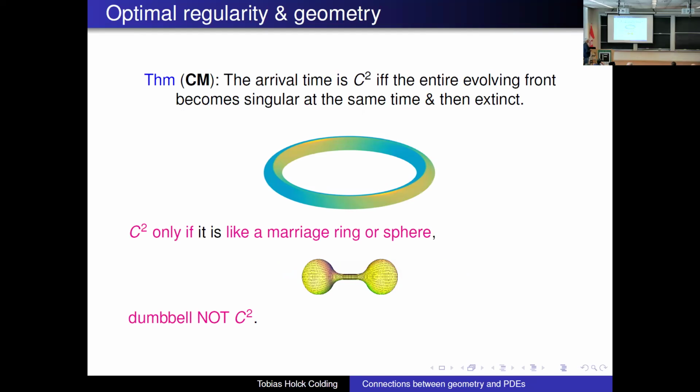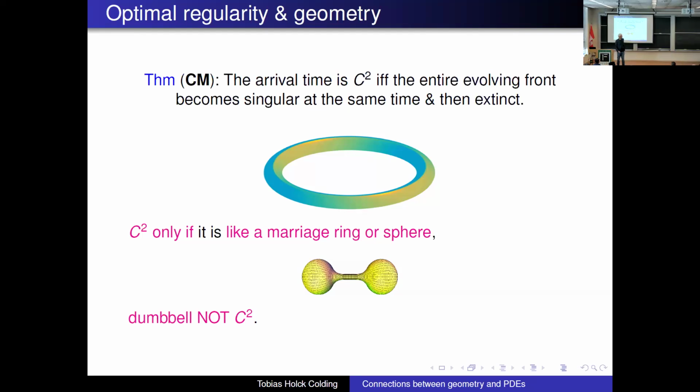You see that in the case of the marriage ring, this is exactly what happened: it shrinks and becomes extinct in a round circle. In the case of the dumbbell, this is not what happened. The neck pinches off first, that's one singular time, and then the two bells disappear later, that's another singular time. Of course, the bells could even have different sizes, and then you get three singular times.